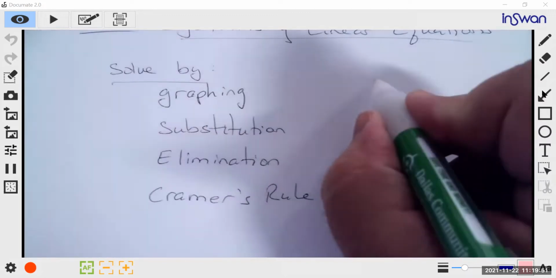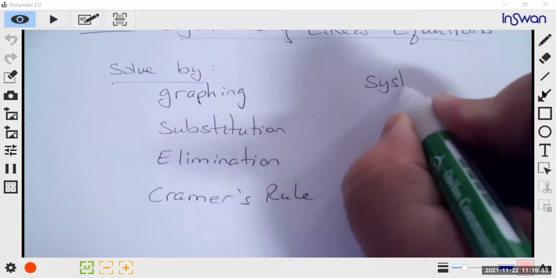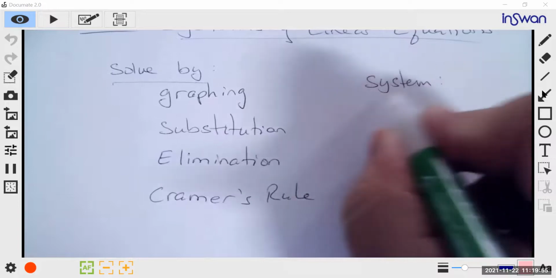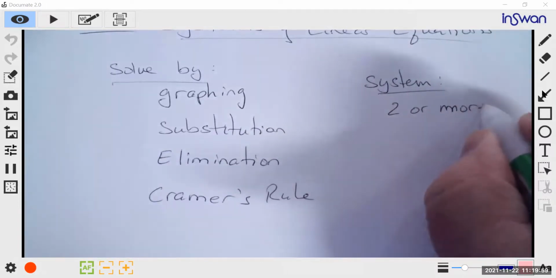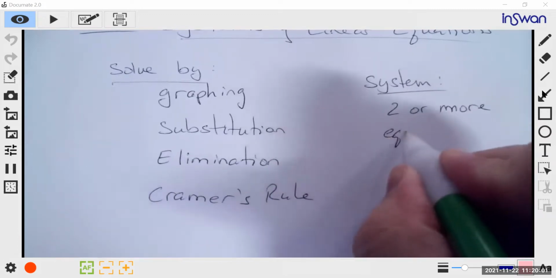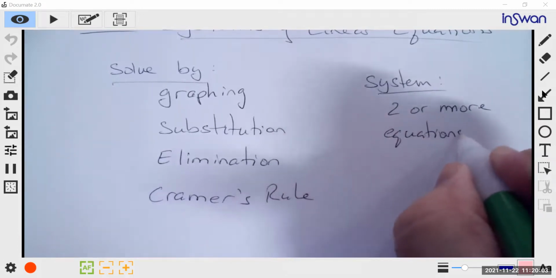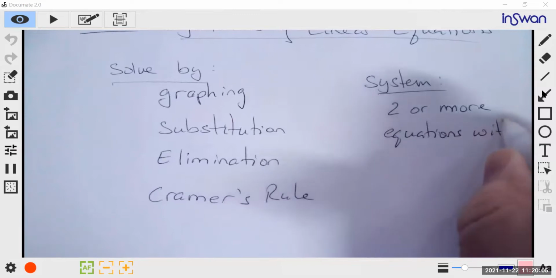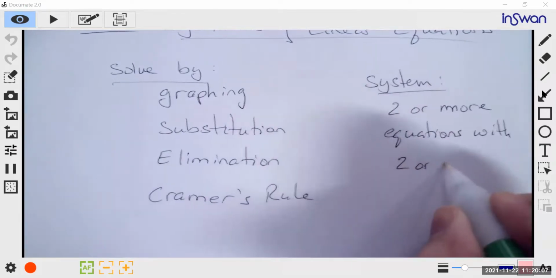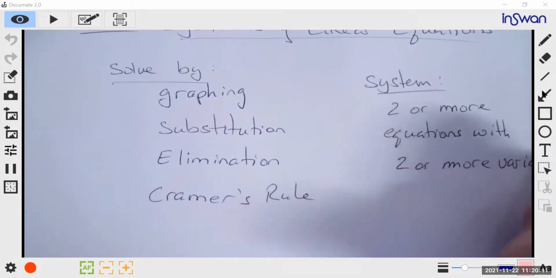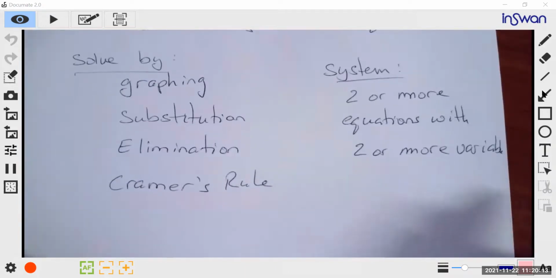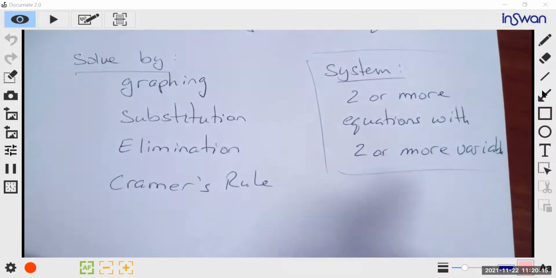So let's look at this. What is a system? Two or more equations with two or more variables. That is a system.